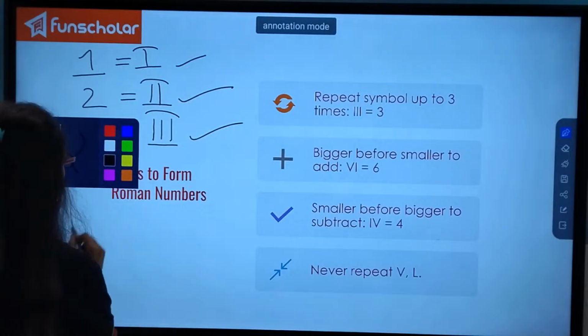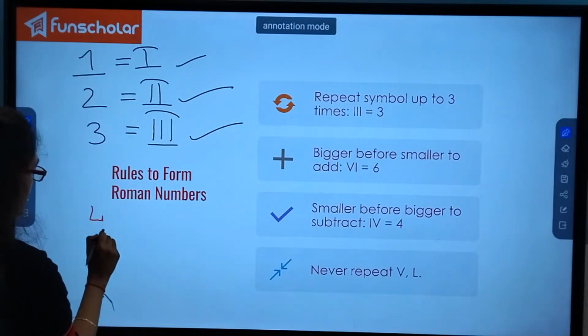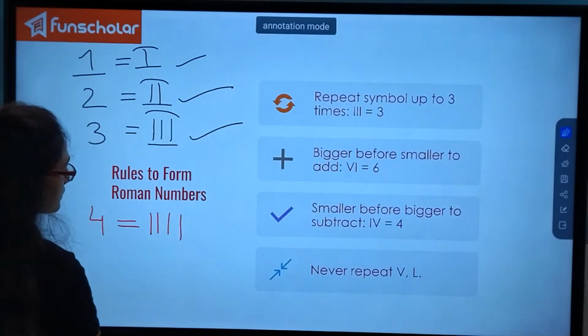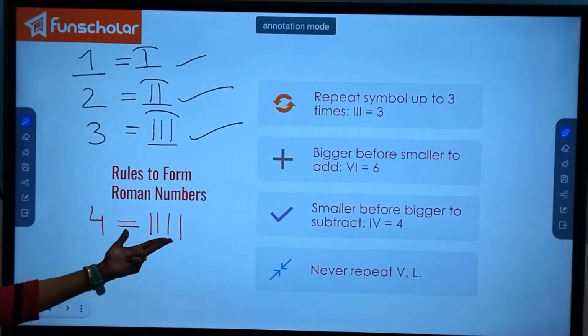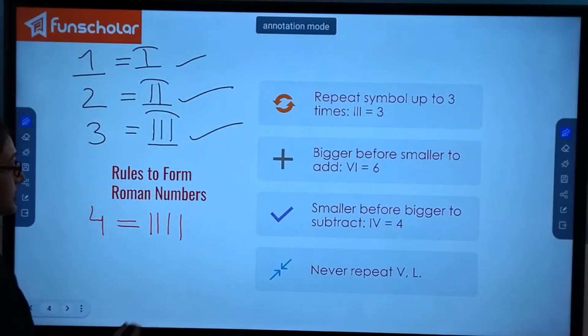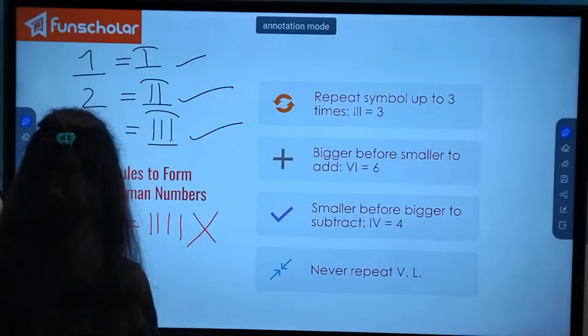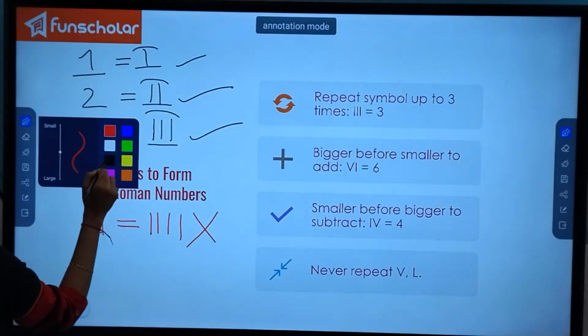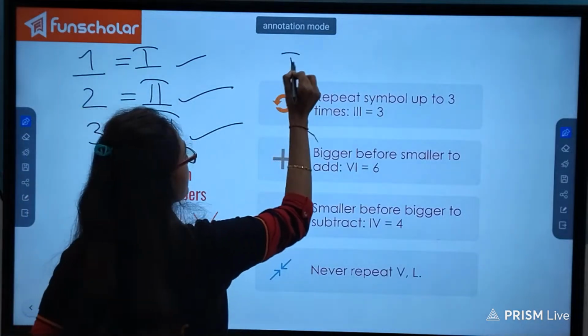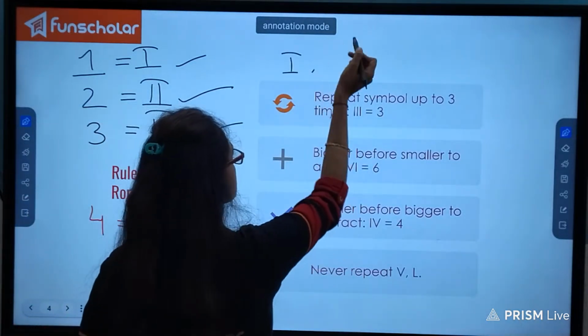Now what about 4? Can I write 4 in this way, 1, 2, 3, 4? Can we? No, this is crossing the limit, that is the rule of repetition of 3. So this is wrong. So how will we write 4? After I, what number comes next?